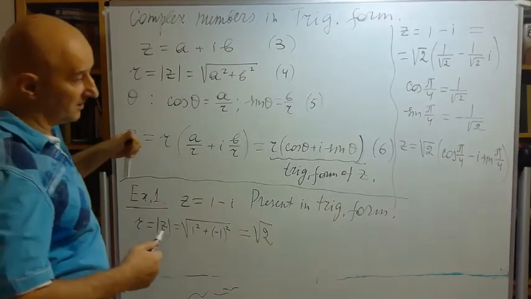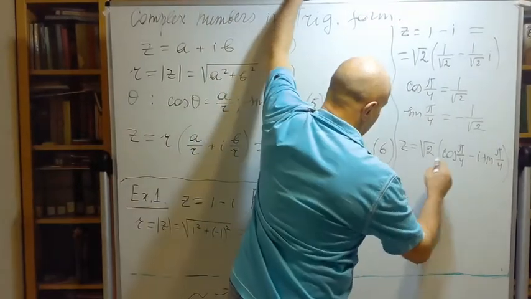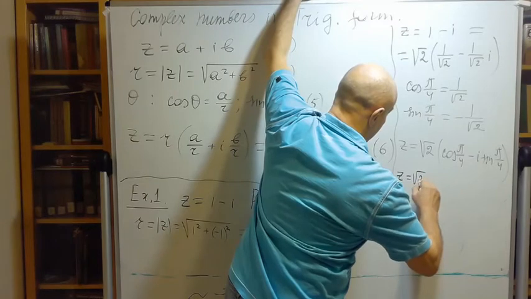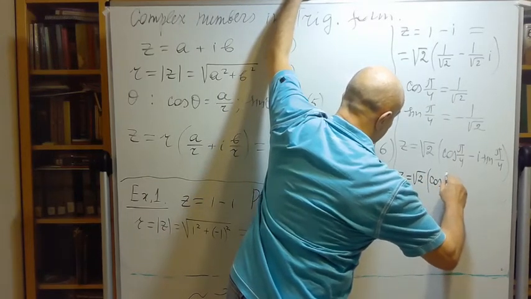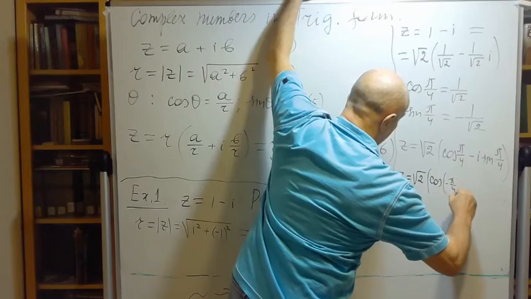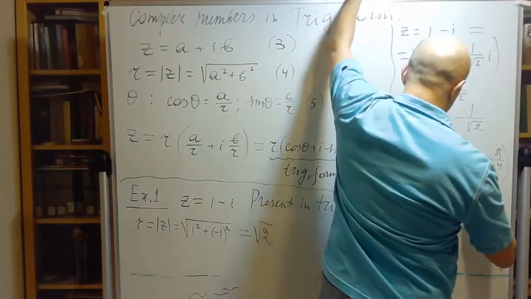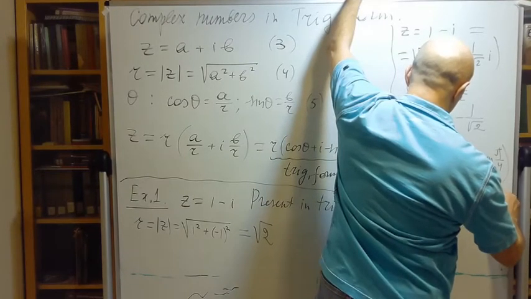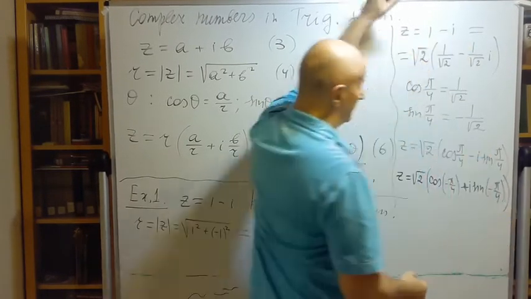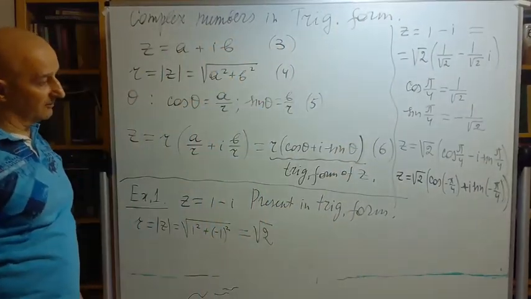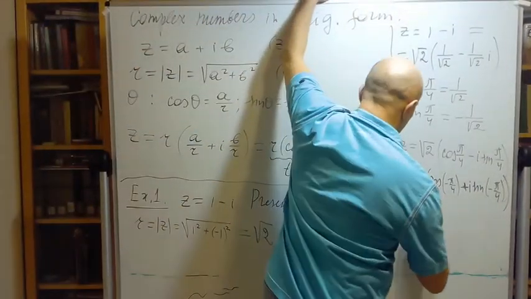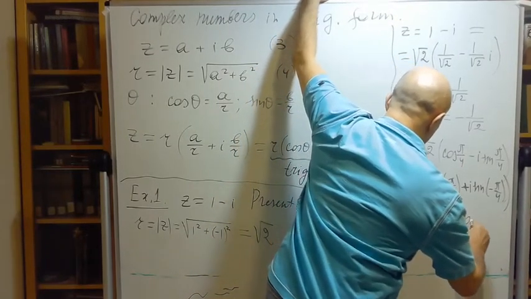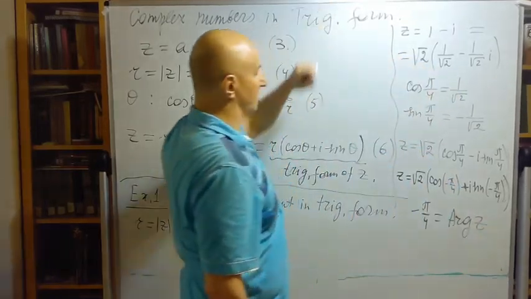Also you can rewrite this number z. It doesn't give you any advantage, but just to realize what's happening. z equals root of 2 cosine of negative pi over 4 plus i sine of negative pi over 4. Why did I prefer writing negative pi over 4? Because negative pi over 4 is the principal value of the argument of z.